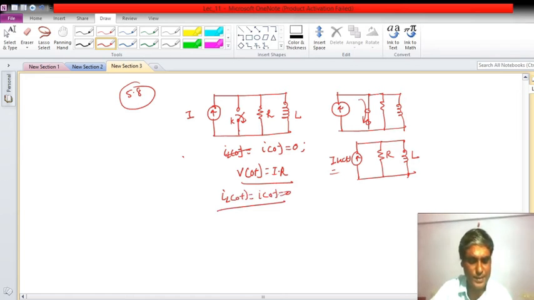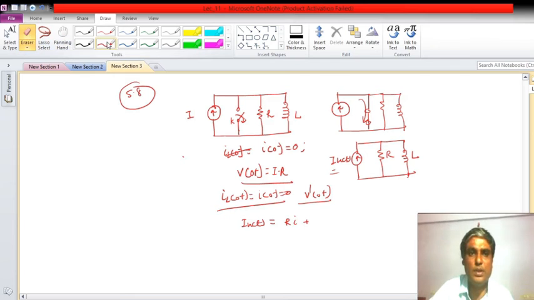Right, now let me calculate what will be my V prime, V dash of 0 positive. In order to do that, let me write the equation for this.